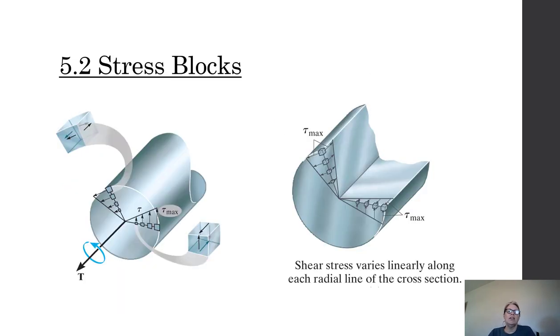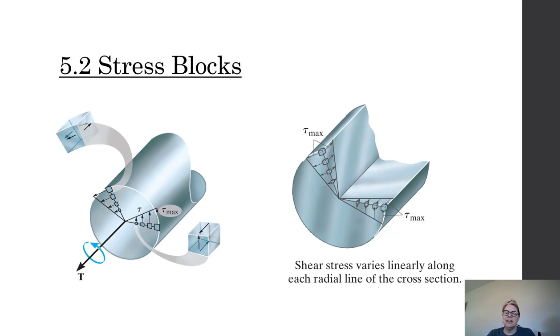So what if we wanted to draw a stress block? We did that some with axial loading, where we drew the length of it, and we saw on a cross section, it didn't matter where we were, they all had the same stress block. Now with shear stress from torsion, it varies linearly with respect to the centroid, so depending on where you are, the stress block is going to have an increased value of stress as you move away along that axis.